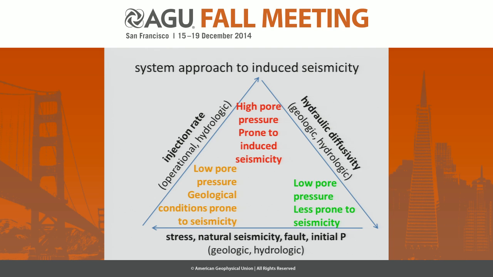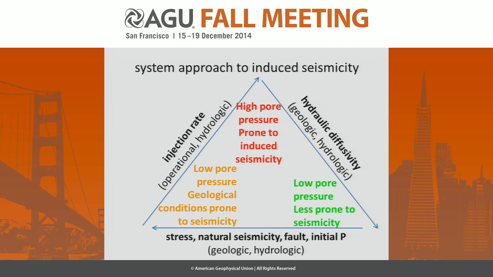Then the hydrologic diffusivity is one of the most important parameters controlling pressure dissipation and diffusion, and that's where the geological and hydrological conditions go together. If these two conditions are not a good combination, then the risk of building high pressure makes the system very prone to induced seismicity.